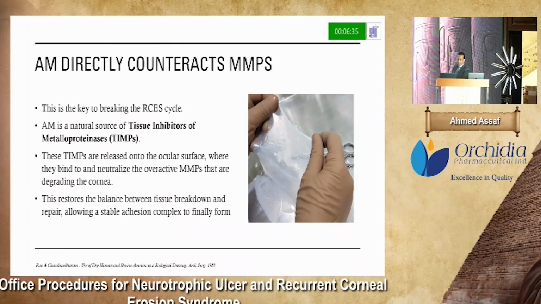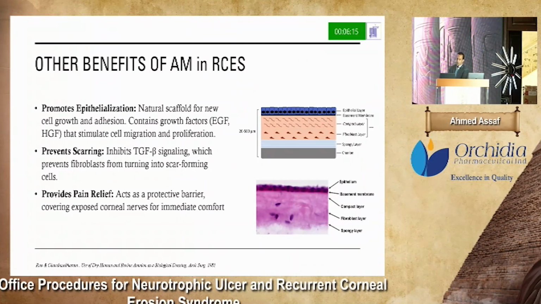So here we have the amniotic membrane that can directly counteract the effect of MMP9 by releasing tissue inhibitor of metalloproteinase, and this inhibits MMP9 and MMP2 and promotes epithelial recovery and desmosome formation.